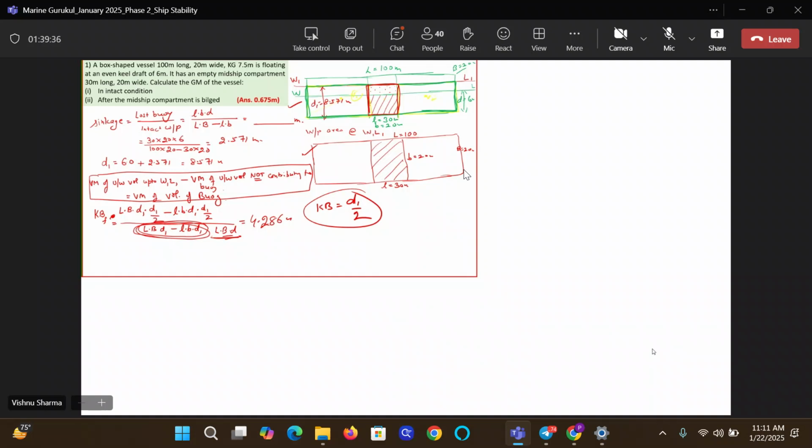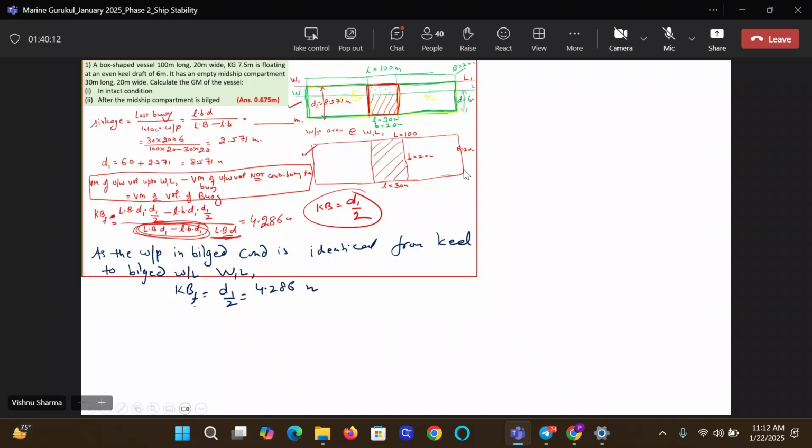You don't have to waste time on calculation. You can write like this: as the water plane in bilged condition is identical from keel to bilged waterline W1, L1, KB final will be equal to D1 by 2, equal to 4.286 meters.